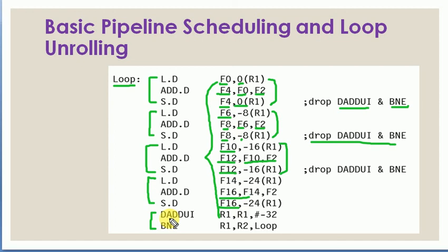Then we check again, doing minus 32, the next element, that means 996 will be compared with the initial element, that is R2, which is 0.